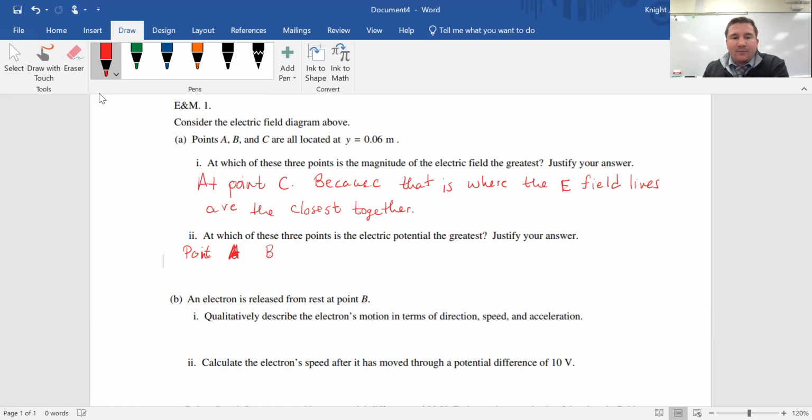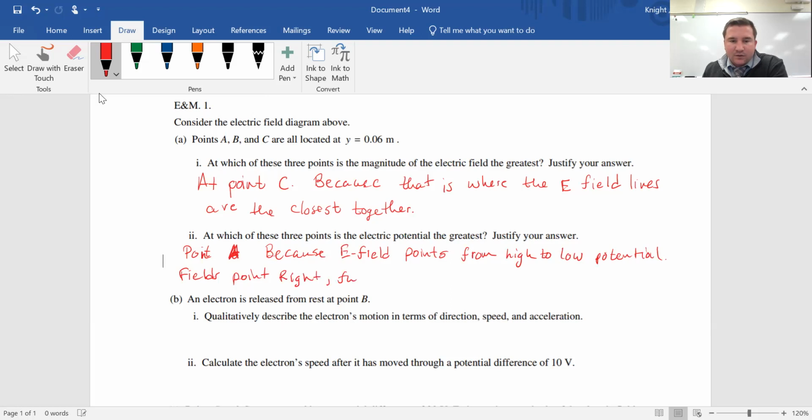Point A, because the field points from high potential, right, the field's pointing right, which means furthest left is the highest potential.